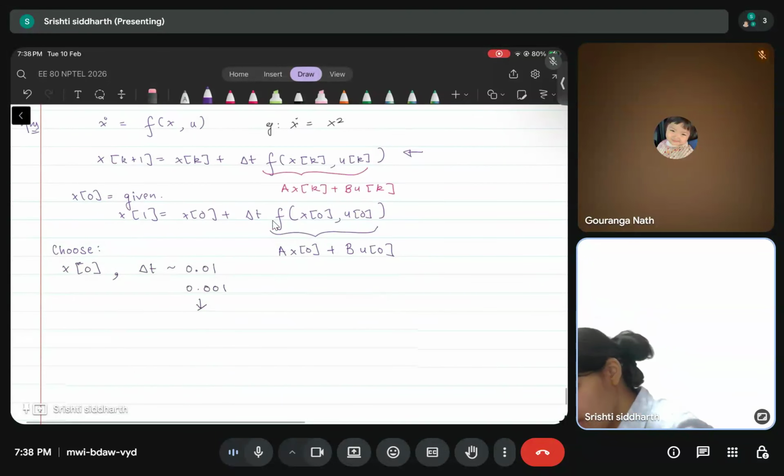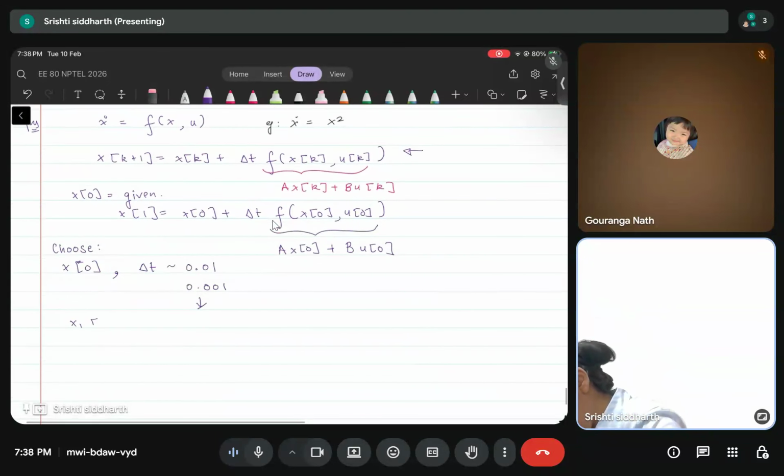Okay, so this is x1 at k plus 1 and x2 at k plus 1.